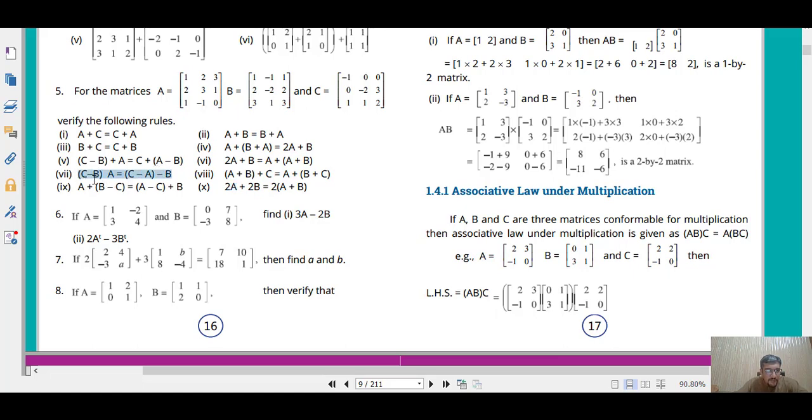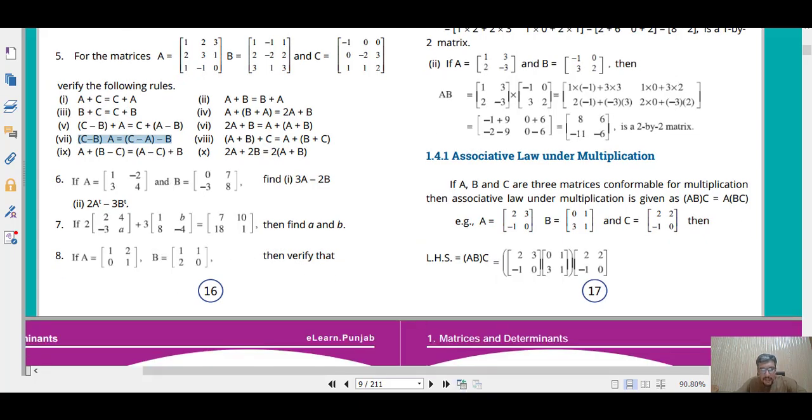Here what you have to do is first subtract C matrix from B, and then whatever result you get, multiply it with A matrix, and then solve the right hand side, in which you subtract C matrix from A, and then whatever result you get, you subtract it from B.